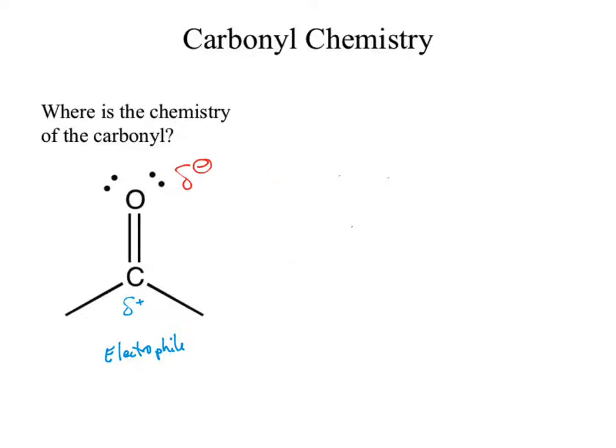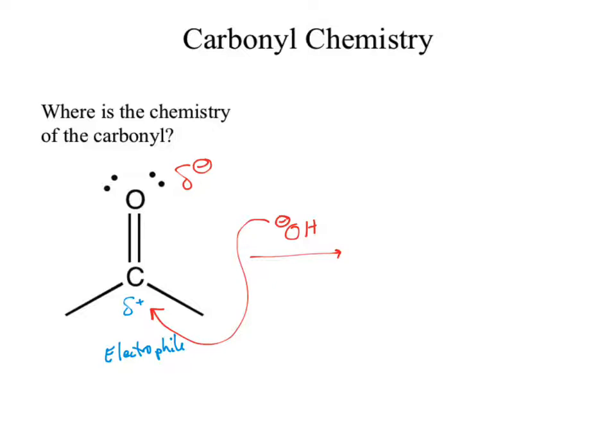Okay, could that something negative be a base? It's negatively charged. Could it act as a base by reacting with that carbon? No. Why can it not act as a base when it reacts with the carbon?